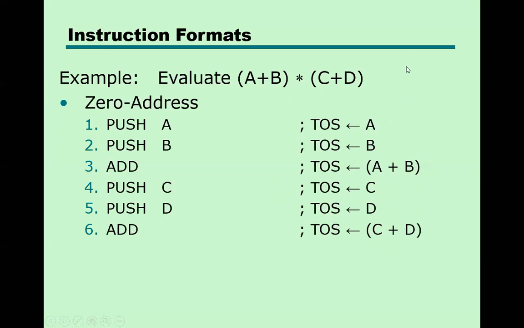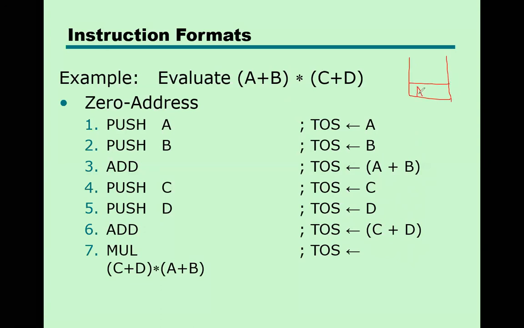So finally the stack is like this: it holds the A plus B value, and the second holds the C plus D value. Now C plus D is on top of the stack.